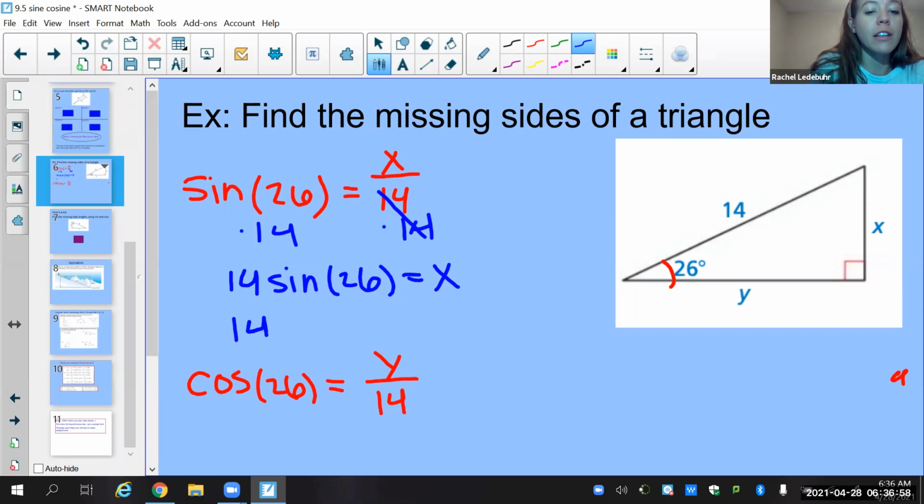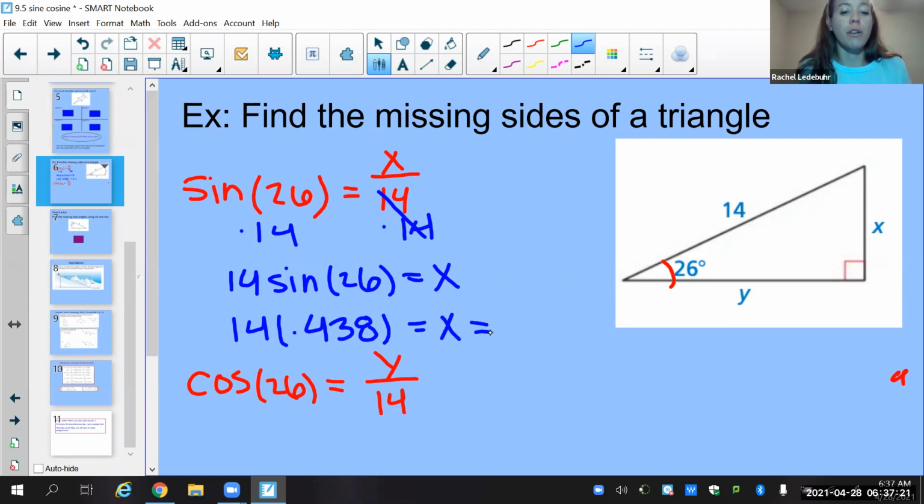Again, this is where your calculator comes into play. I don't know what the sine of 26 is, but your calculator does. If you have a fancy one, the sine button is just two over from tangent. So I say sine of 26, and I get 0.438. Okay, so now if I multiply that 0.438 times 14, I get 6.14.